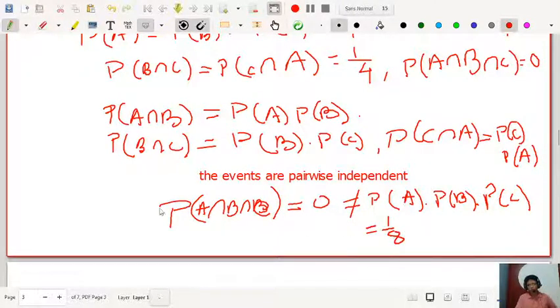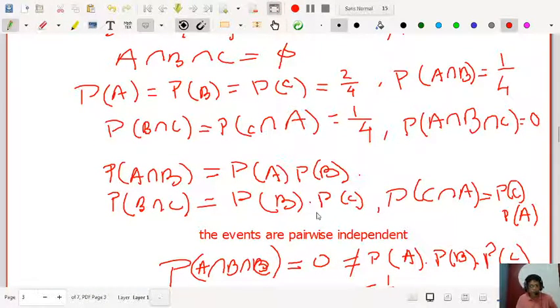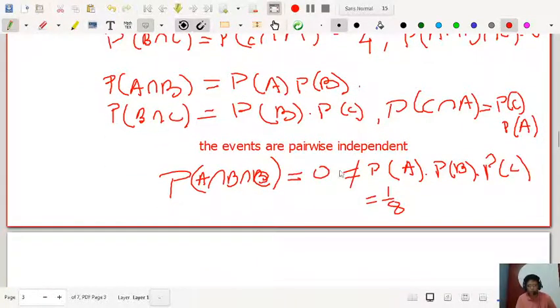So that is not equal. So what is your final conclusion? A, B, C are not mutually independent, but they are pairwise independent.